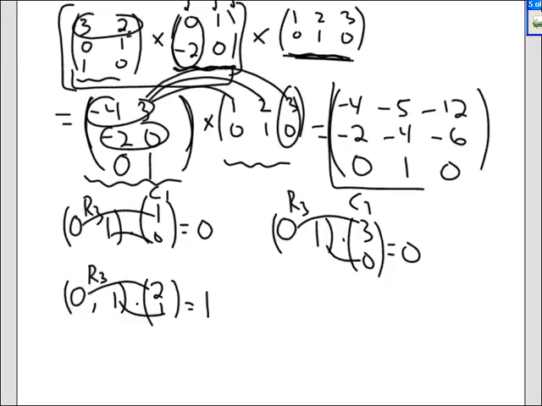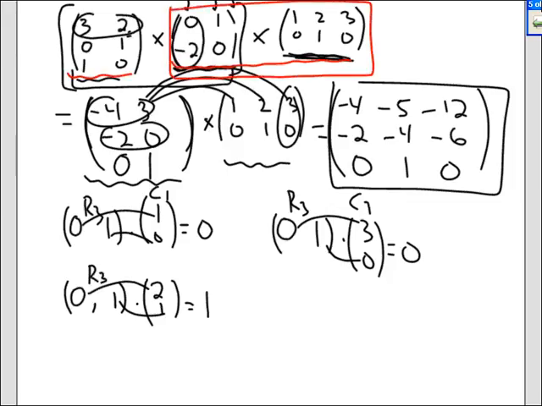Here is the answer. And what you could do as an exercise is multiply these two first, and then multiply that result by this. Now, I know I'm going to be wrong here, but if you multiply those two matrices, and you get 7, 0, 3, 2, 1, 0, that's the right matrix.